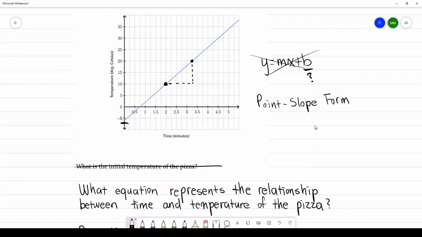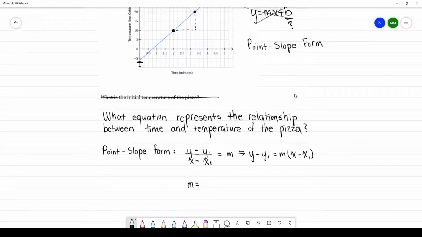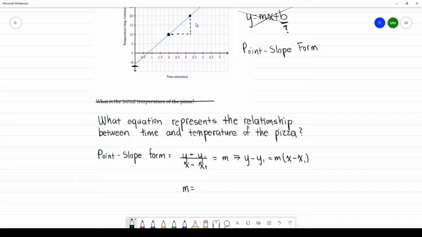That's how I find the slope, as always. So the change in y is 10, and the change in x is, oh, this point here is 3.25. So 3.25 minus 2, that's 1.25.